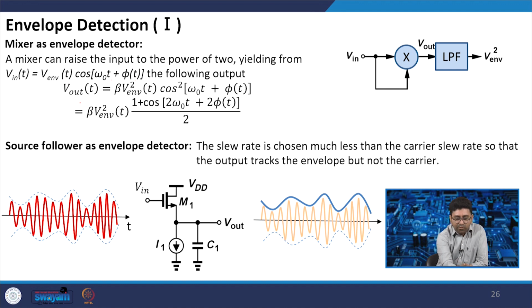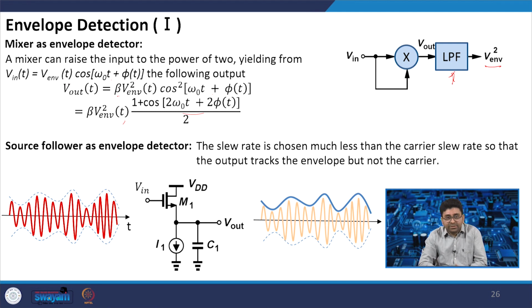V out t is a square, because two signals are multiplied, beta V envelope square t cos square omega naught t plus phi t. So, you will get the envelope in the DC plus cos 2 omega t plus 2 phi t. So, you need one low pass filter which will pass out the second and other harmonics, then you will get an envelope at the output.